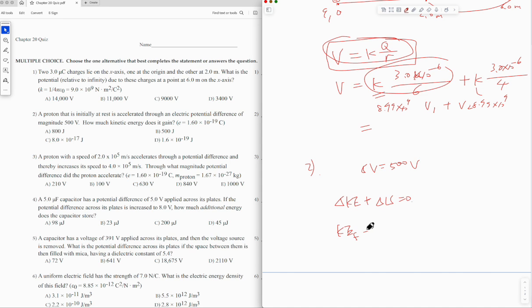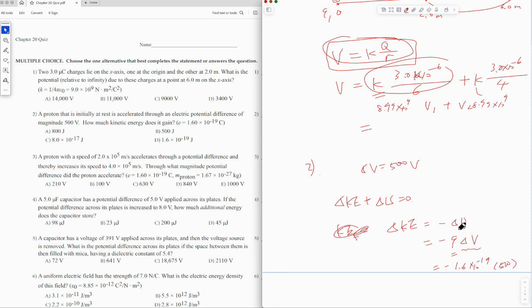It asks how much kinetic energy it gains, so basically the change of kinetic energy equals negative delta U, which equals negative Q delta V. We know delta V is 500, and Q is 1.6 times 10 to the negative 19 for a proton. So this equals negative 1.6 times 10 to the negative 19 times 500.